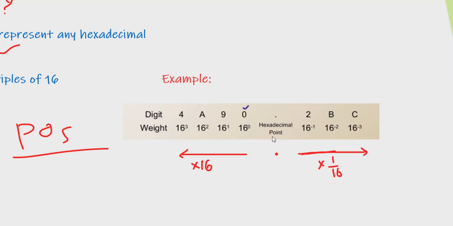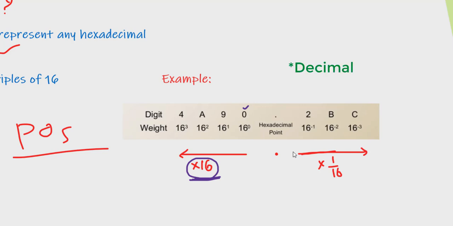So if you move from the hexadecimal point towards the left, what happens? The positional weight of every digit is a multiple of 16. Similarly, you need not be confused, because it is the same in every case.